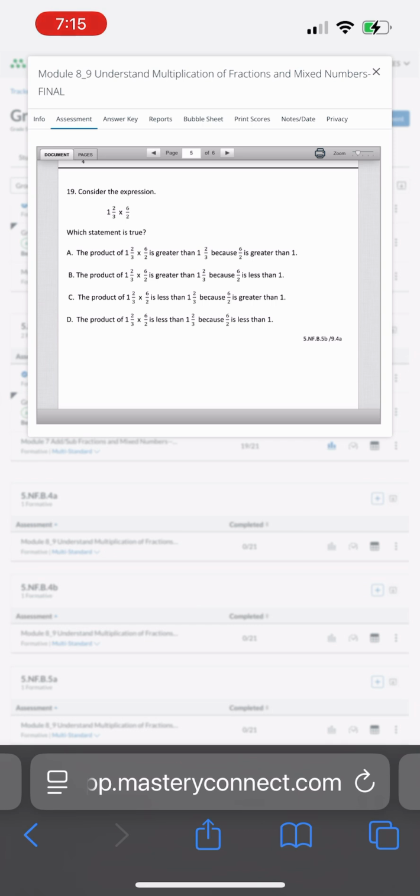C, the product is less than 1 2/3 because 6/2 is greater than 1. D, the product is less than 1 2/3 because 6/2 is less than 1.